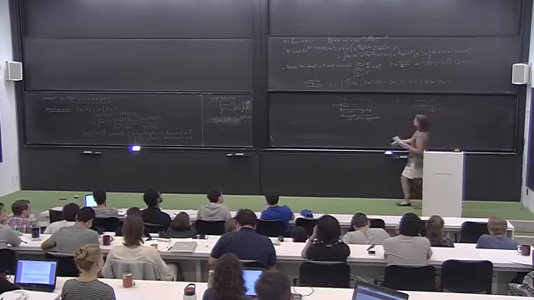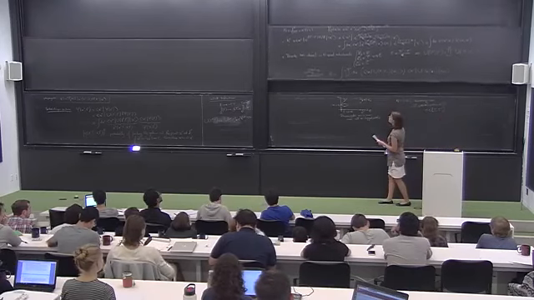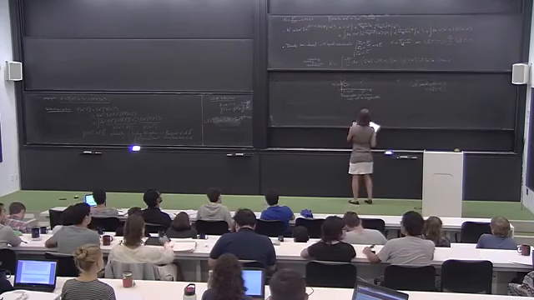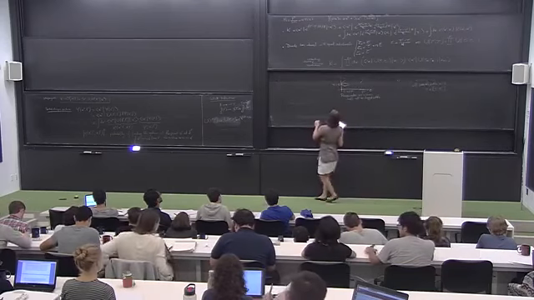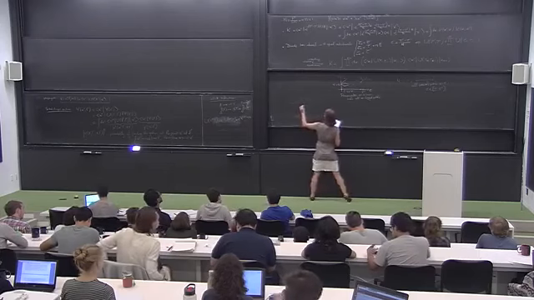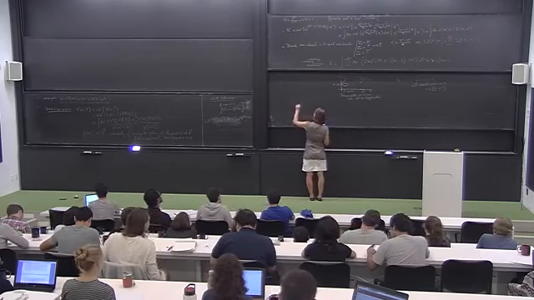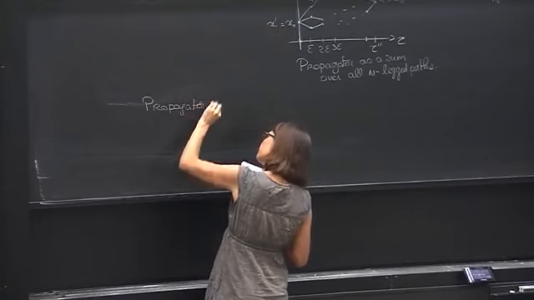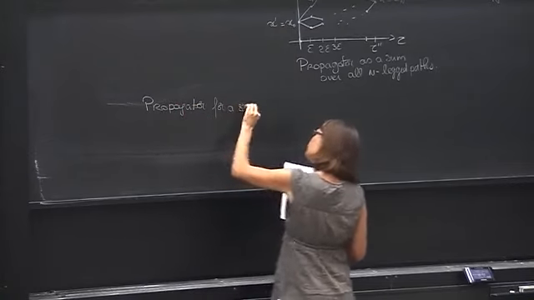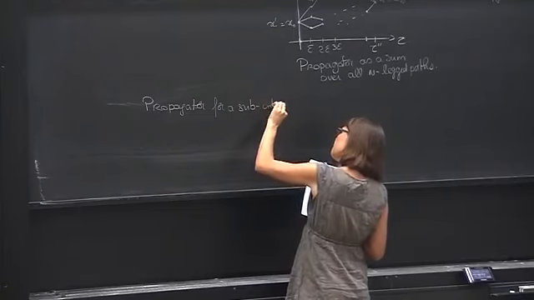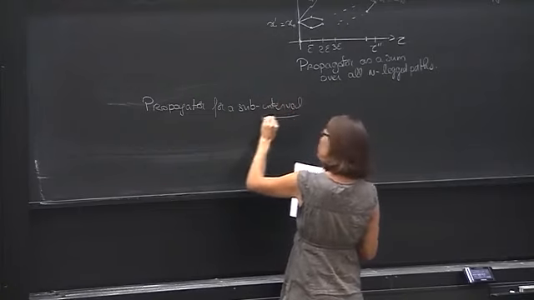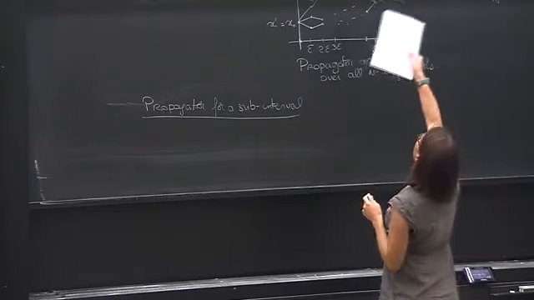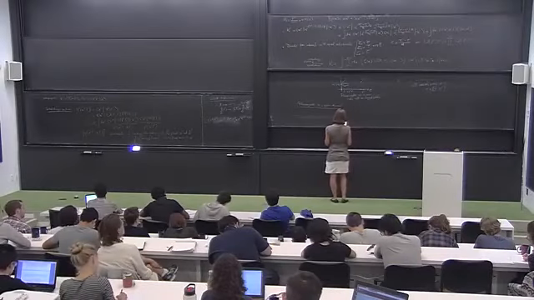Okay, so now let's focus on one subinterval. Maybe I can still start from here. I want the propagator, and let's first look at the case inside the bracket above.